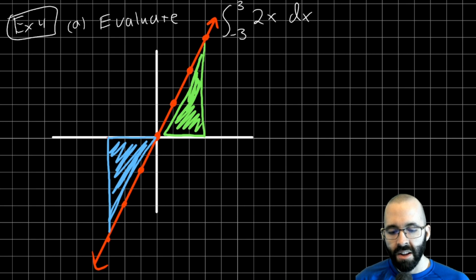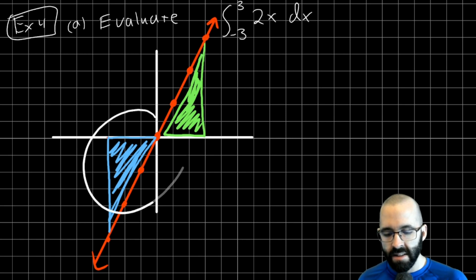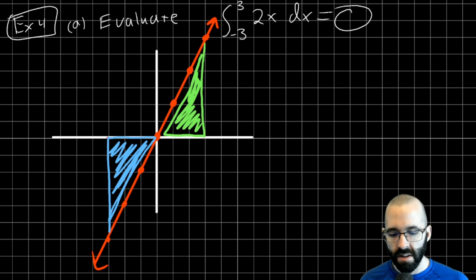I don't even need to calculate this out. I know the answer. This net signed area is 0. Right? Because this positive green area is the same as this negative blue area. So it's just 0. The total area is a thing. In fact, the total area, we could just move that blue triangle over.